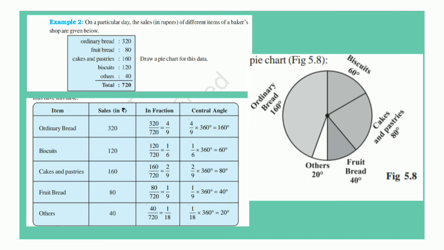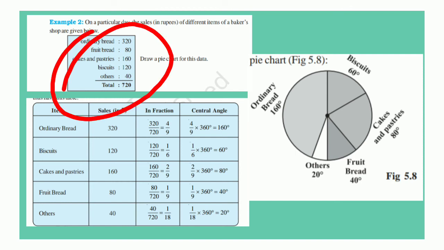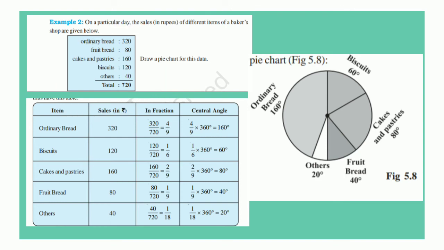Look at this example. Here sales of some bakery items are given below, and what are they? Ordinary bread 320, then fruit bread 80, cakes and pastries 160, biscuits 120, and others 40. Total rupees is 720. So here we have to write 4 columns. First column the items, the second column is sales.